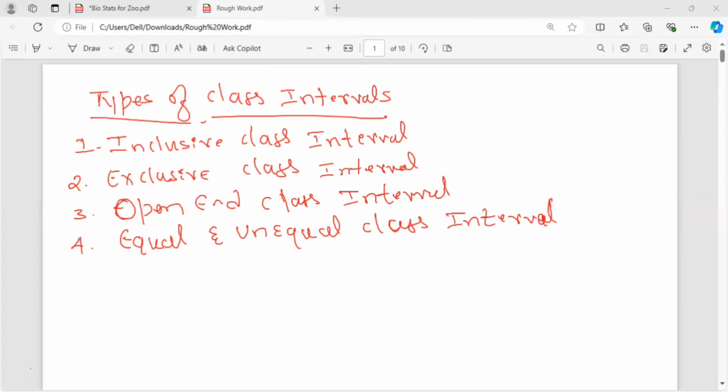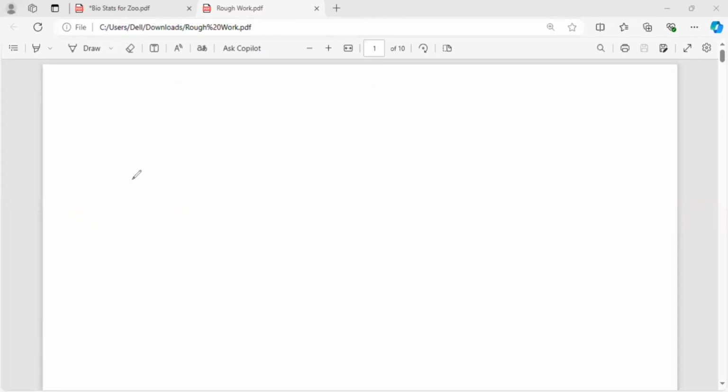So we'll discuss the first one. The first type of class interval we need to discuss is inclusive class interval, right?